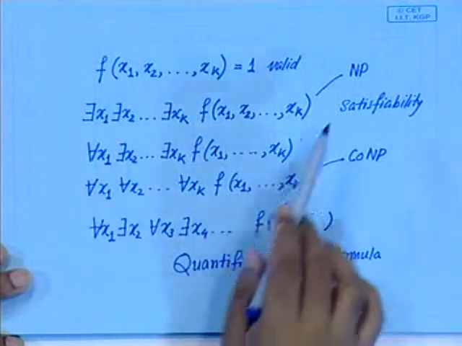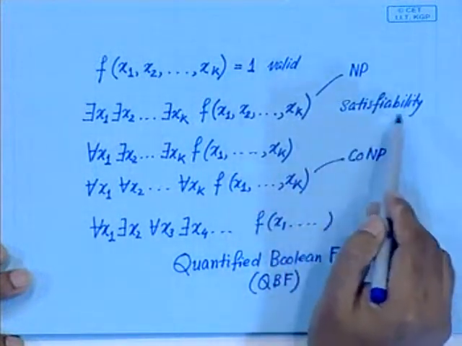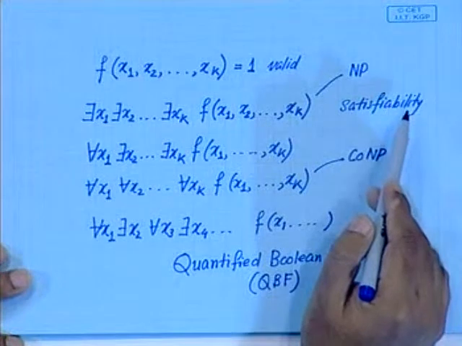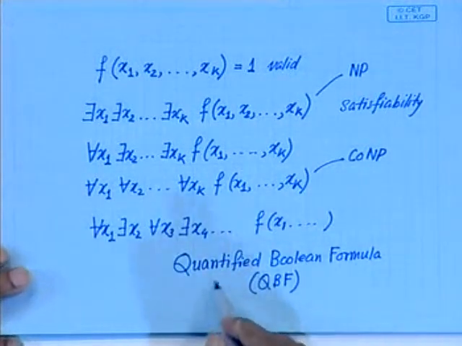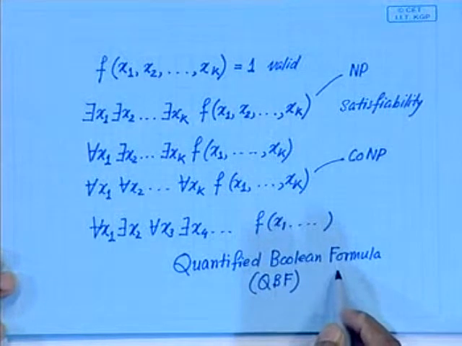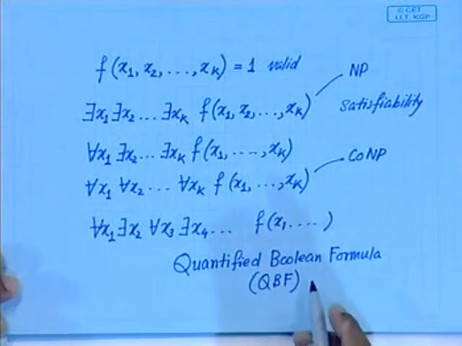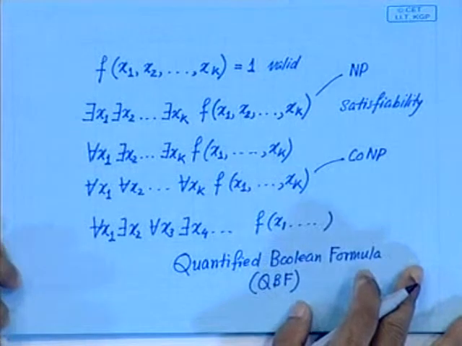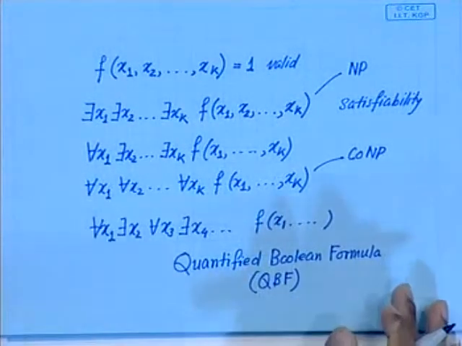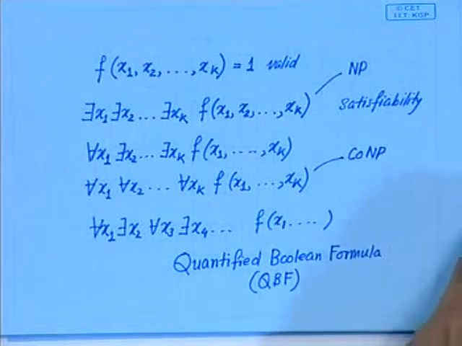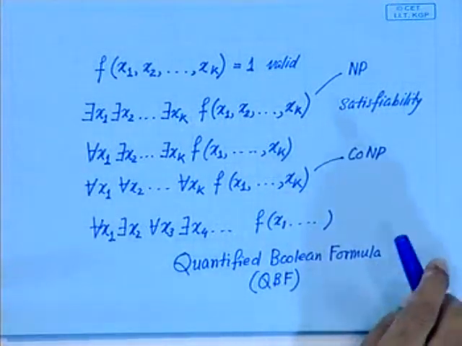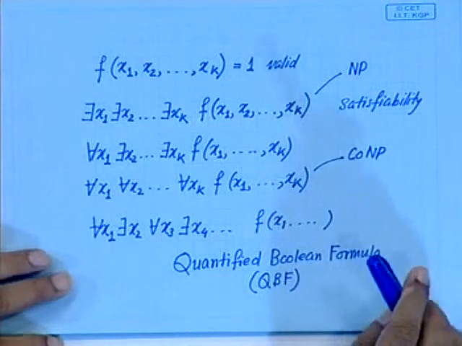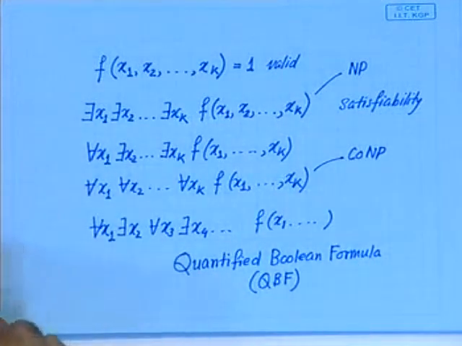Now, checking satisfiability is NP complete. Checking the truth of a quantified Boolean formula is a PSPACE complete problem. So, you can characterize any of the classes in the polynomial hierarchy with an appropriate number of alternations in a quantified Boolean formula, right.